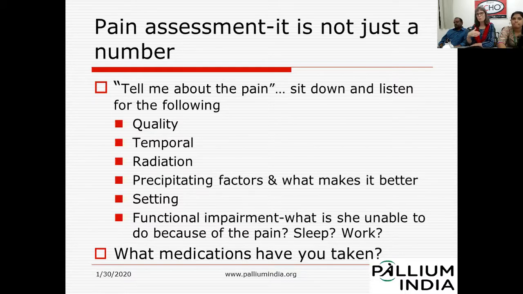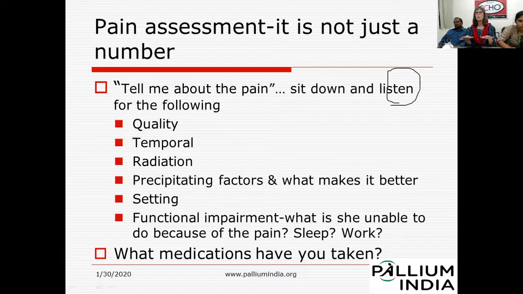And more importantly than all is the functional impairment. But I don't think I have to say that to PMR physicians because you're always looking for function, right? So is she able to sleep? Is she able to work? Can she do ADLs, activities of daily living?